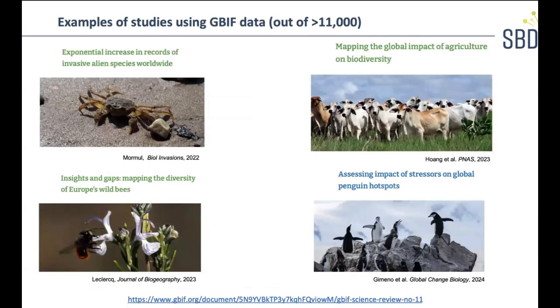And here are just 4 examples of studies using this type of data out of the 11,000 in total peer-reviewed articles. They are mainly studies about species distributions and how they change over time, often in relation to climate change.